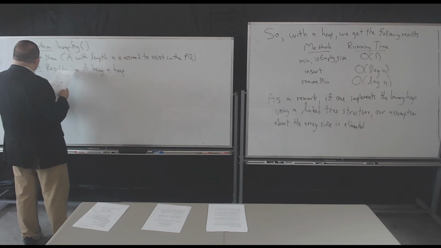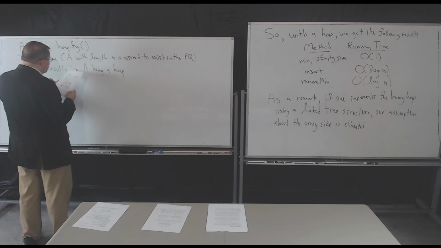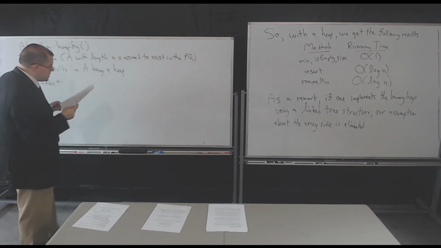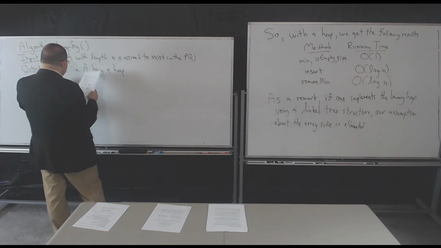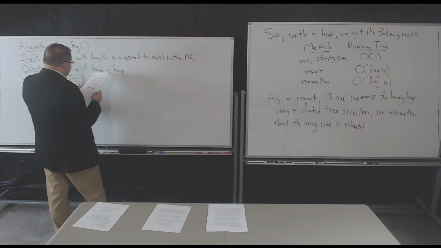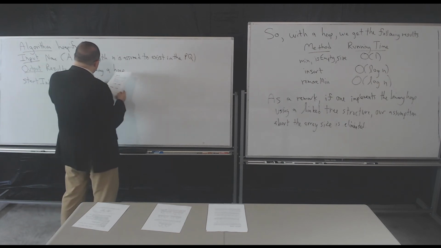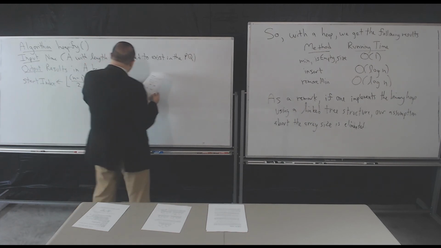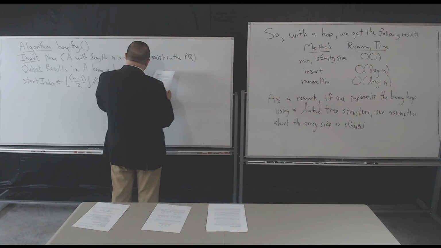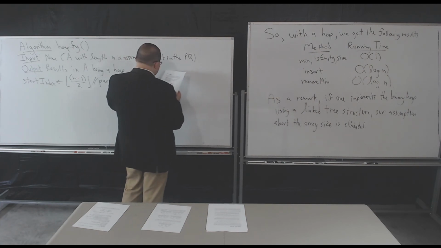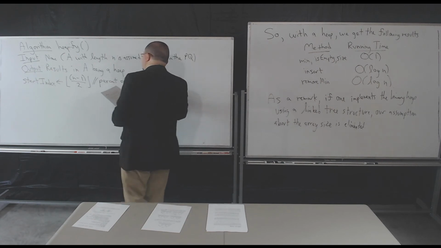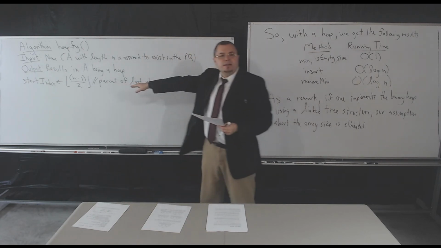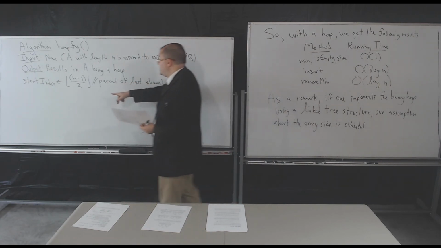So I'm going to start off with a starting index. Now this is going to look really arbitrary at first. Then when I do the example, it's going to look a little bit more sensible. So what I'm going to do is start off with a start index being the parent of the last element. So this is the location, by the way.